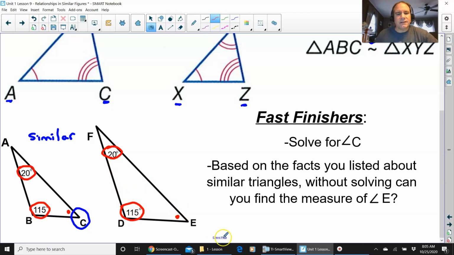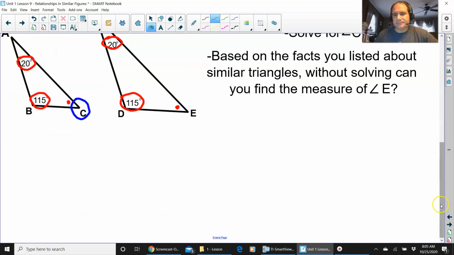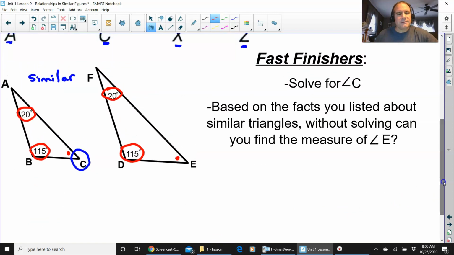So how would you find that third? I'm trying to pause here so you could actually do the problem on your page before I put it on this page. All right, so just remember, all interior angles of a triangle equal 180 degrees. So what we're going to do is add 115 and 20.